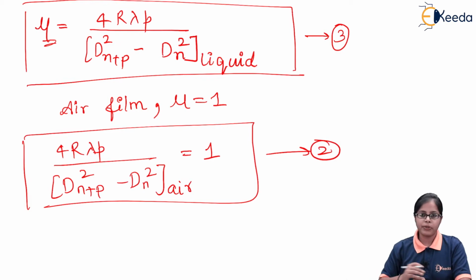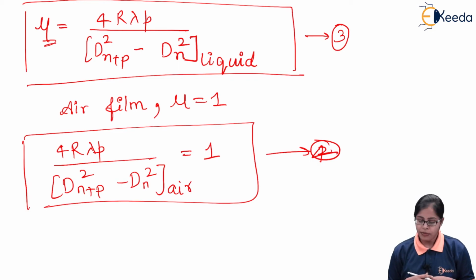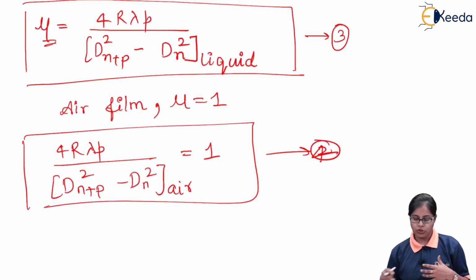So we are getting two equations over here, 3 and 4. Equation 3 gives the refractive index if I consider the liquid film between the gap, and if I consider air film we get the fourth equation. Now using these two equations, we divide the values.